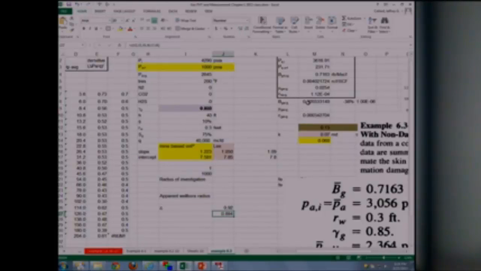Let's see what I get for B sub G. Oh, I know. They're using a P average of 4290, not the average of that. They don't have a PWF. It changes. Let's get rid of that column, not make any more mistakes. Now I only have a 4% error. See how copying the spreadsheet over is helpful. B sub G average, 0.7163 calculated, and then in reservoir cubic feet, I'm calculating that at 4% error.